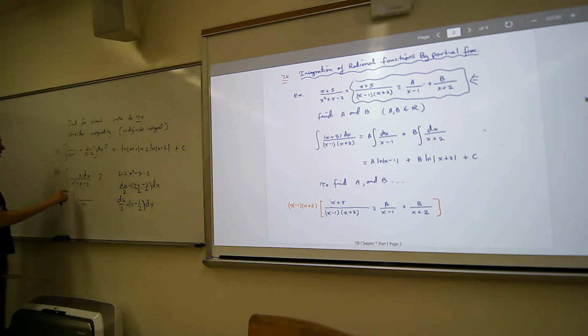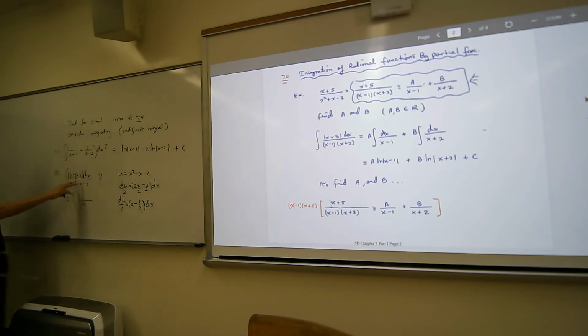Instead of x, just add and subtract 1/2. I'm not doing anything there, right? And then x minus 1/2, I'll take that. And then I have plus one half. So now I'll have two integrals.